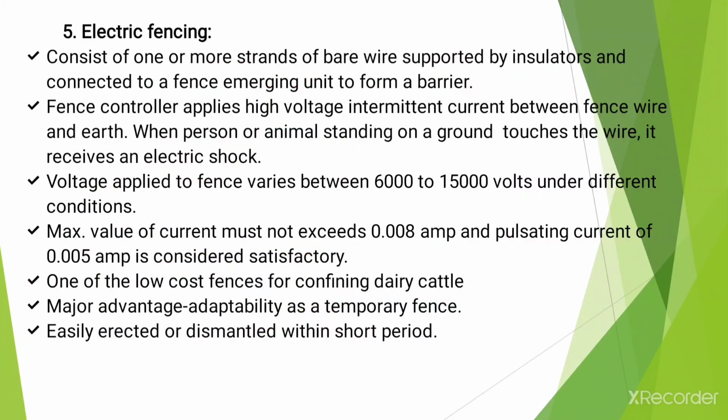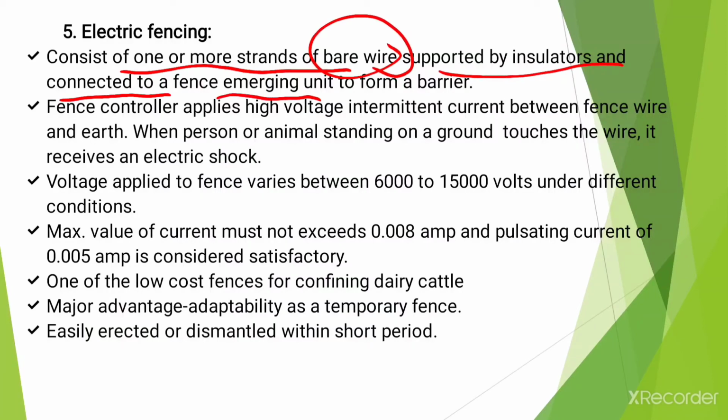Then the last type of fencing is electric fencing. It consists of one or more strands of bare wire supported by insulators and connected to the fence energizer unit on a farm to form a barrier.